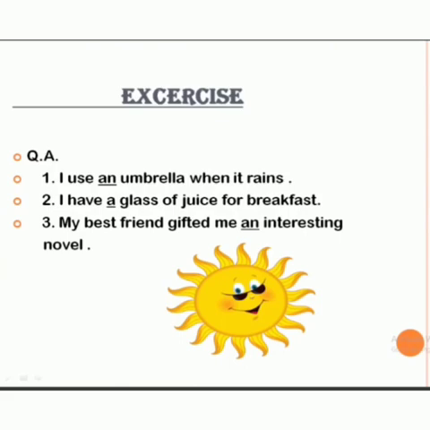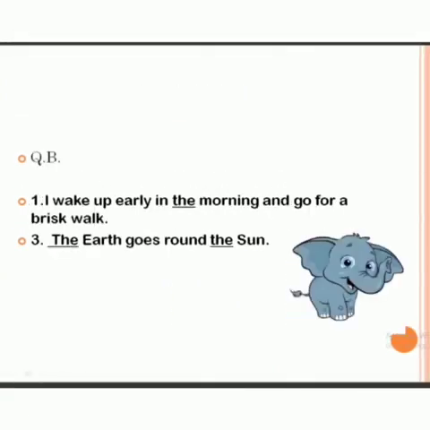Number 3. My best friend gifted me dash interesting novel. I is vowel, so you will have to place here an. So 4, 5 and 6 you can do yourself. Question number B. Number 1.